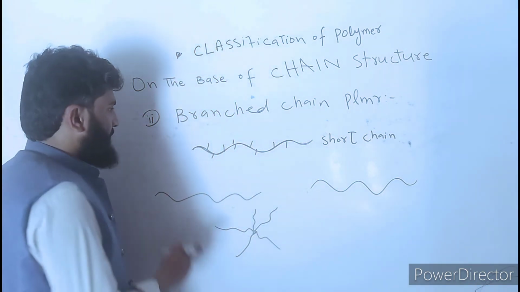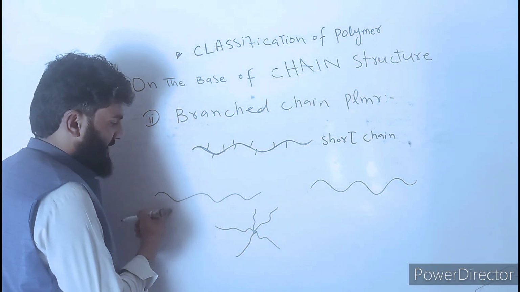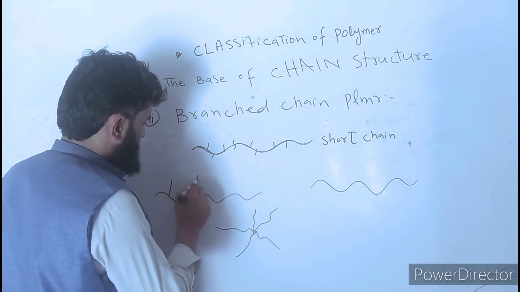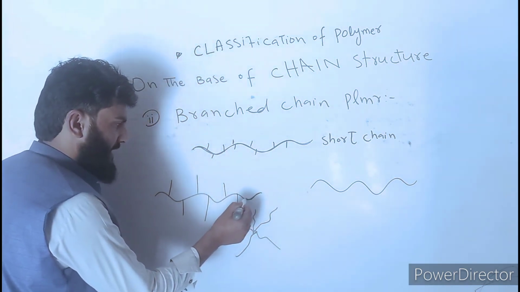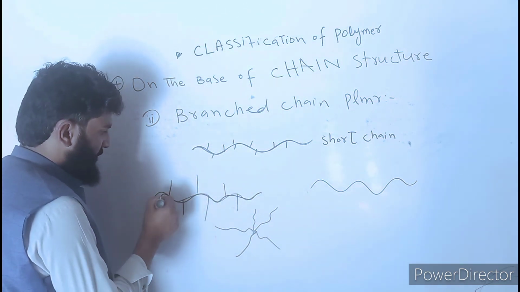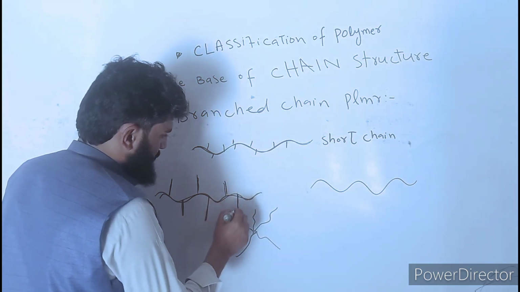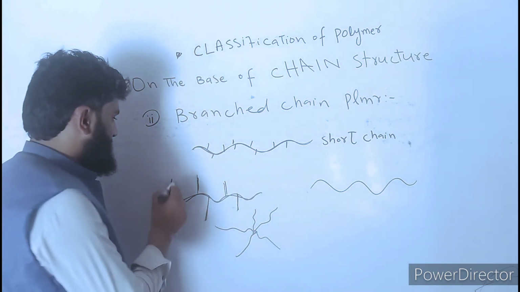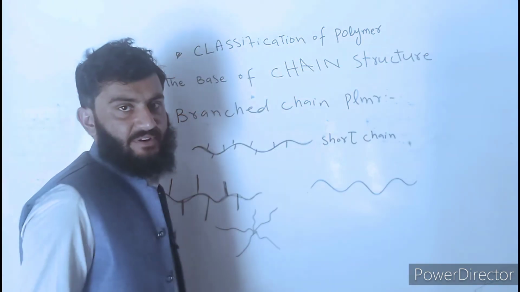clear? Here you can see, for example, here is a polymer. This is a backbone, and you can see these are some branches, and the length of the branch is very high.